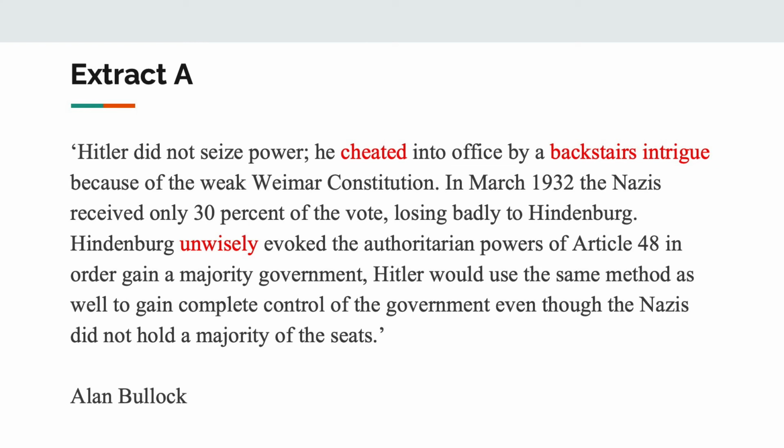Remember, in this particular case, Mr. Bullock is deliberately choosing words to help to bring about that impression. So, for example, cheated, backstairs intrigue, or unwisely help to give that overall impression of what he believes is essentially how Hitler came to power.